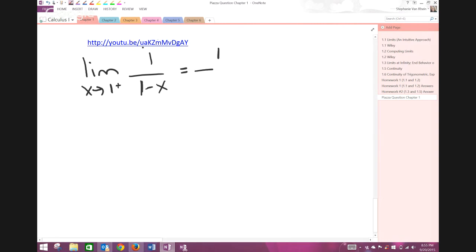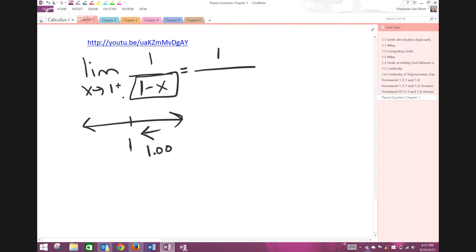On top, it's going to 1. On bottom, I always like to draw a number line and look at 1, and I'm always on the right side of 1. So these numbers are like 1.001 or 1.0001. If I plugged in these numbers, 1 minus 1.0001 is going to be negative, right? 1 minus a bigger number is a negative number.